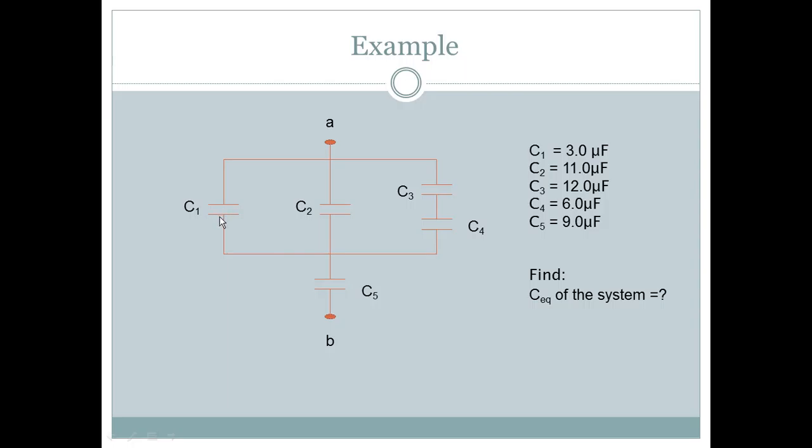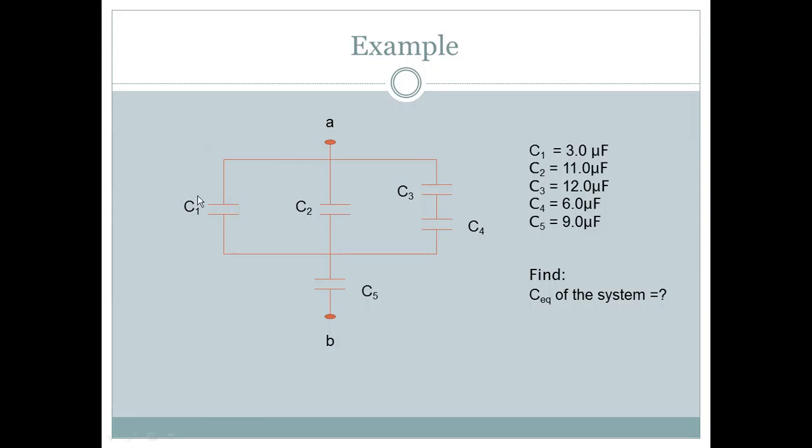Try to notice that C sub 1 and C sub 2 are combined in parallel, and they are also combined in parallel with the combination of C sub 3 and C sub 4. So for this overall rectangle, you will be applying the formulas for capacitors in parallel.